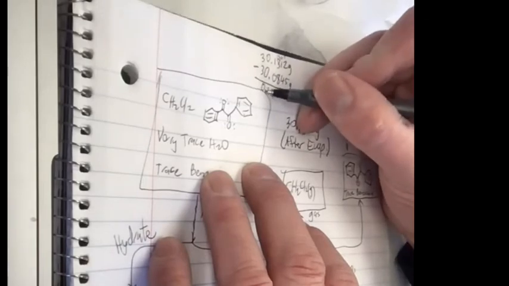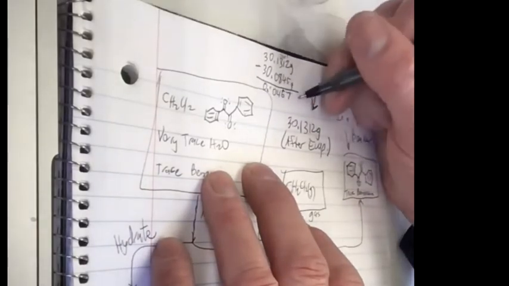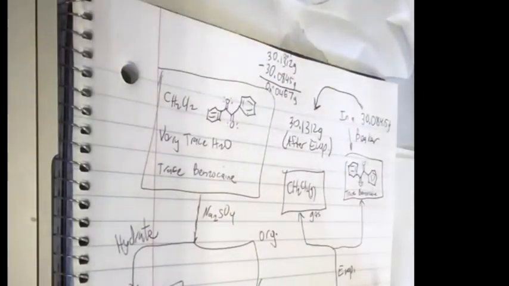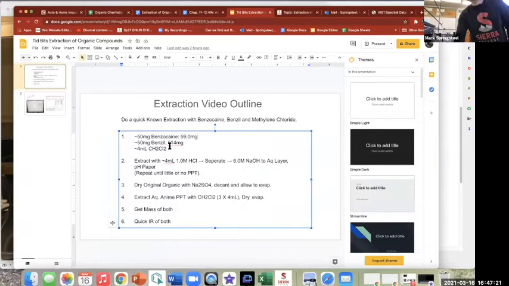Yeah, it's pretty good. I'll double check my math later, but it looks like I got 46.7 milligrams recovered of benzocaine, assuming it's 100% pure, which it probably isn't. And I started with 51.4 milligrams of the benzocaine, and we recovered 46.7 milligrams. That's pretty good, right?